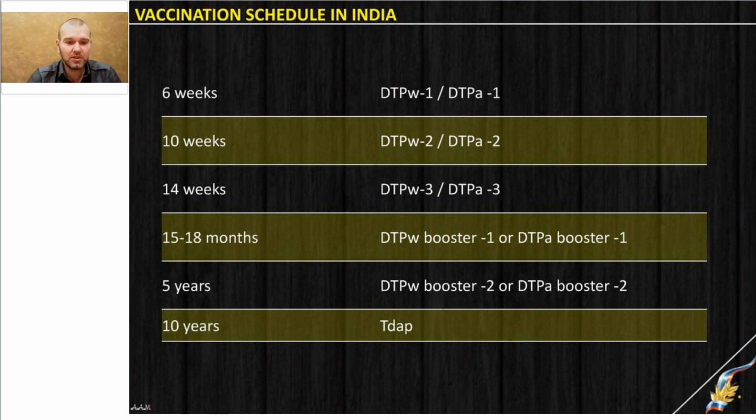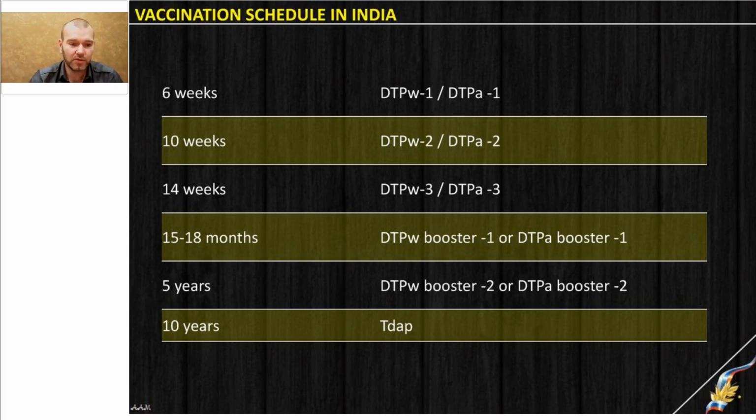The schedule is not very different in world countries, but still, in India the official schedule of vaccination has 3 main doses. Actually, in Russia it is the same. 3 first doses are provided at 6, 10, and 14 weeks. It can be DTP vaccine, or it can be DTAP or some other vaccine if medical indications are present.